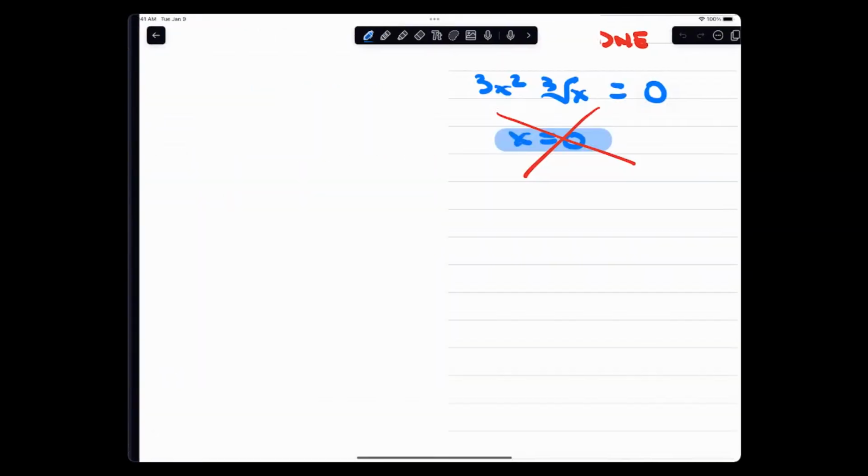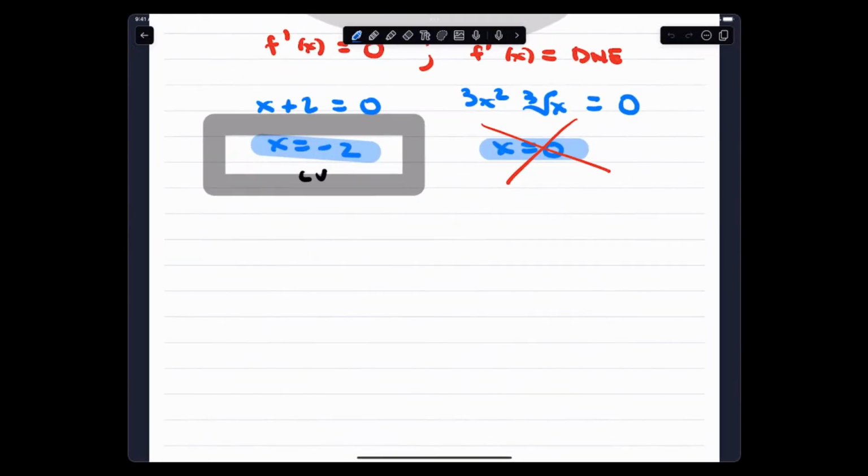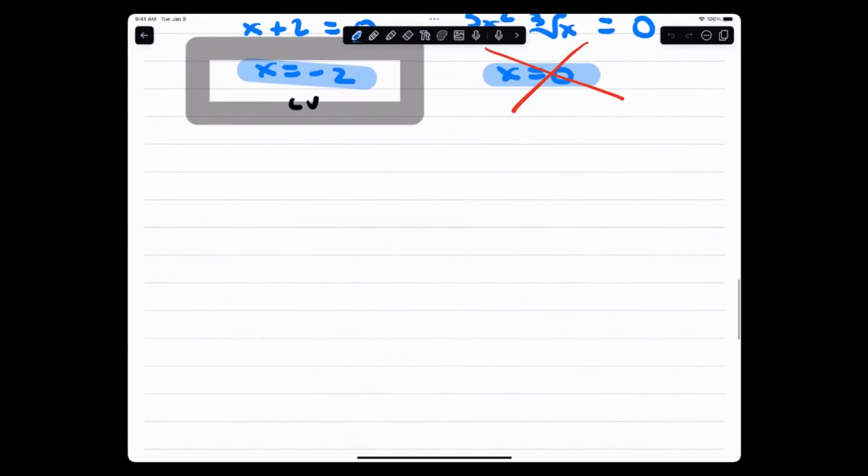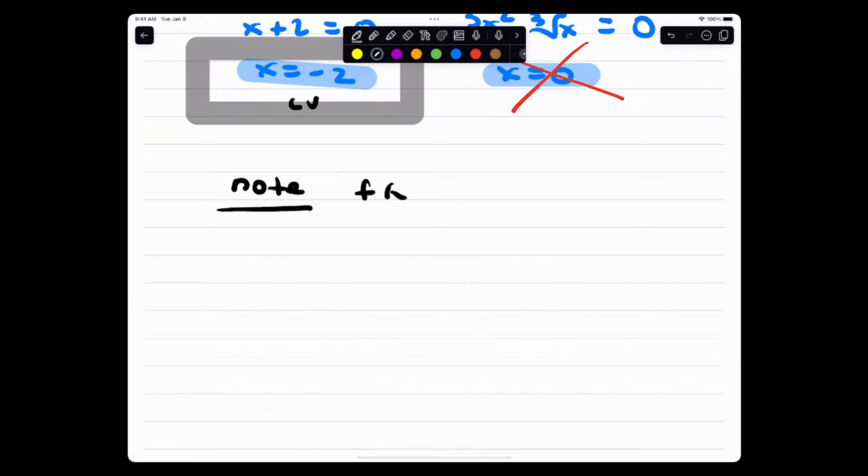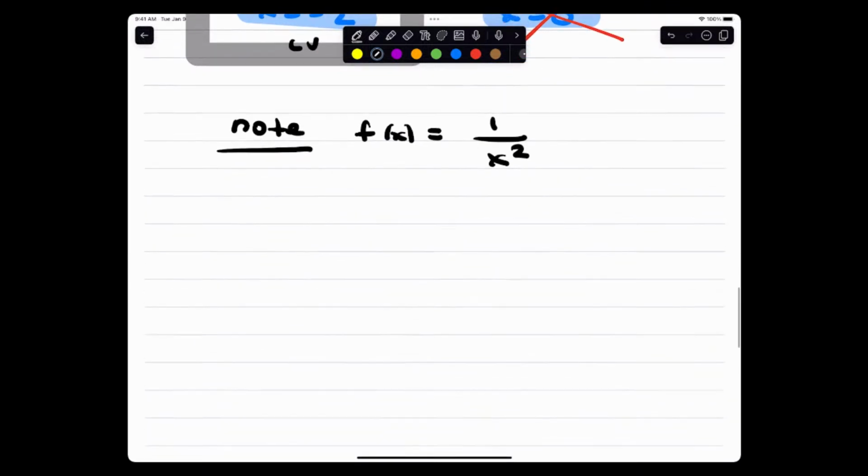Yeah. So another example would be just a simple example to illustrate that idea, to pay attention to the definition. Okay? I'm going to give you a note, not an example. You might say, what about this nice function, 1 over x squared? Okay?